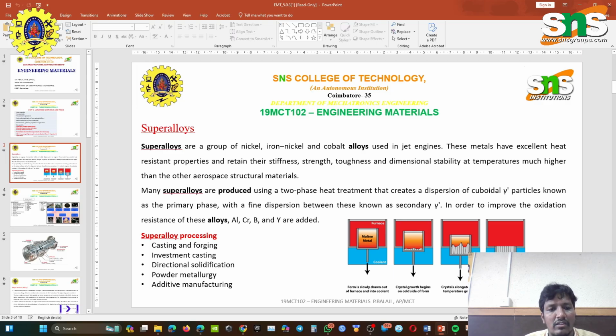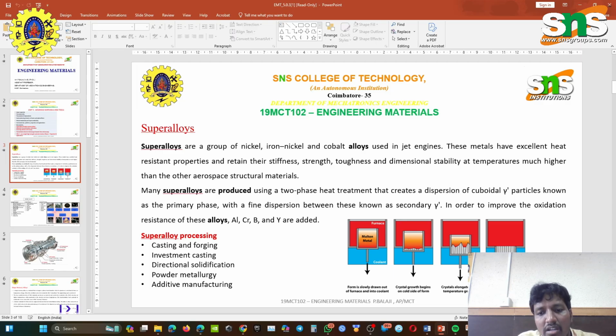Superalloys can be made easily by the processes of casting and forging, investment casting, directional solidification, powder metallurgy, and additive manufacturing. On the screen you can see the process stages. In the furnace we have molten metal, which is cooled by the coolant available at the bottom. The mold is slowly drawn from the furnace and cooled in the coolant.